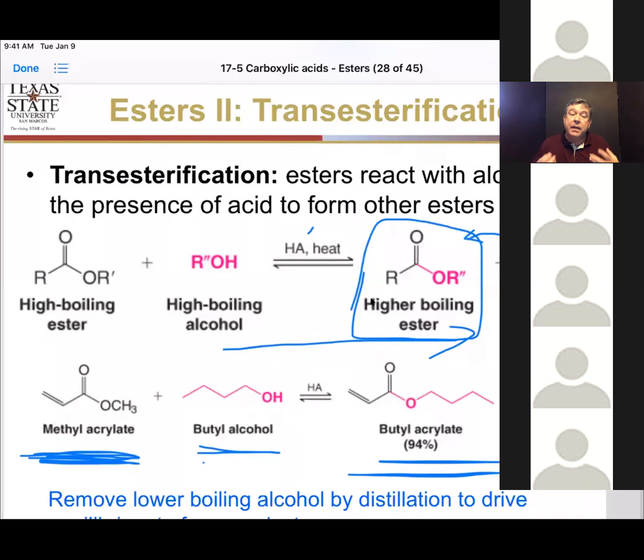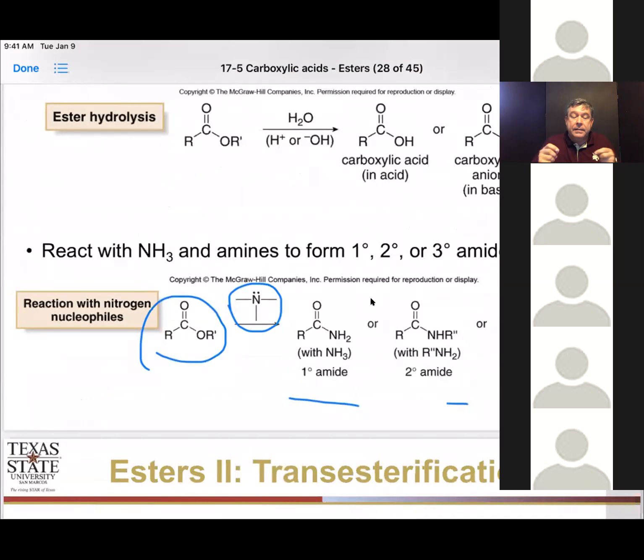Oh, that's up here, sorry. So if you react any amine with an acidic hydrogen, you can get it to displace to make a primary, secondary, or tertiary amide. Okay.